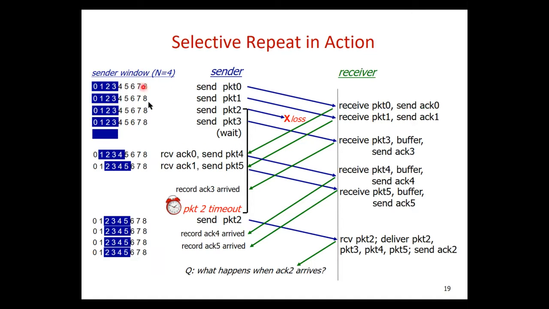Now let's look at the sender side. What happens when it receives ACK of 0, ACK of 1, ACK of 3? ACK of 0: 0 is the first one in the window, so it can slide the window. 1 is also now the base, so it can slide. But then it receives ACK of 3. It cannot slide the window because it has not received ACK of 2, so it just marks that ACK of 3 has been received.